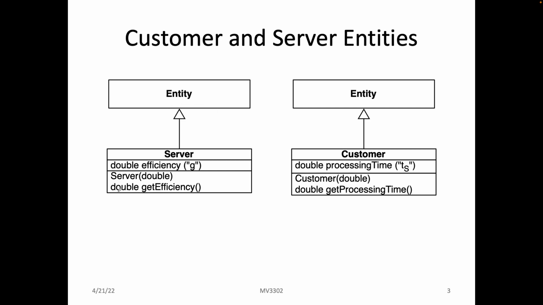Now, similarly, we're going to have another subclass of entity. I'm going to call it a server, and it's going to have an additional attribute called efficiency, which in the event graph I'm going to call G, just for simplicity.